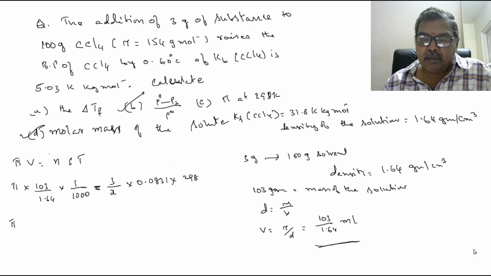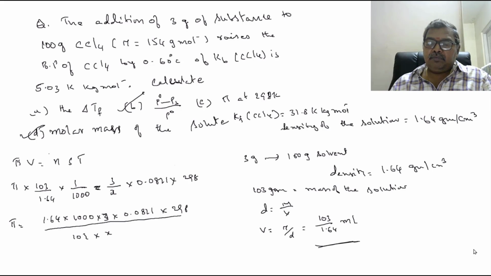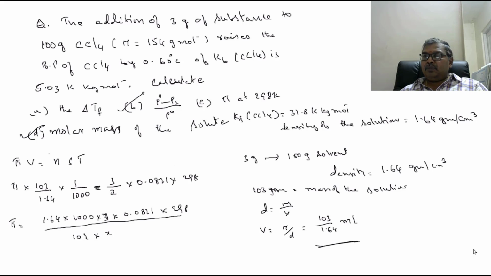So you will get the pi value: 1.64 thousand into 3 into 0.0821 into 298 by 103 into X. Simplify this and you will get the answer in atmospheres.